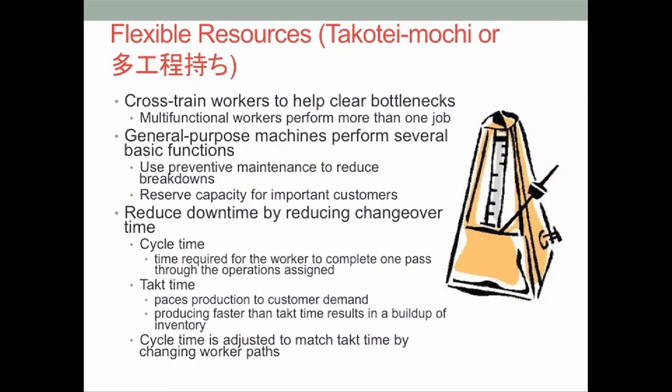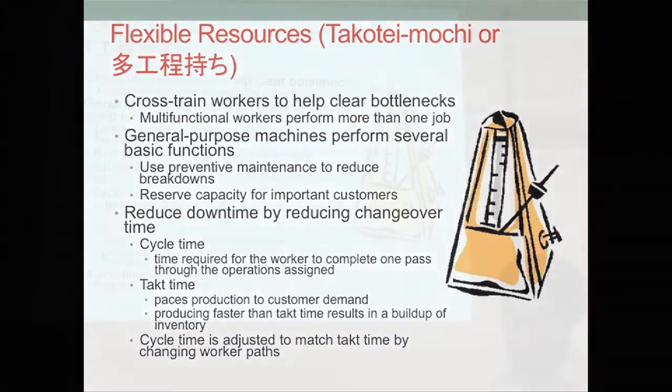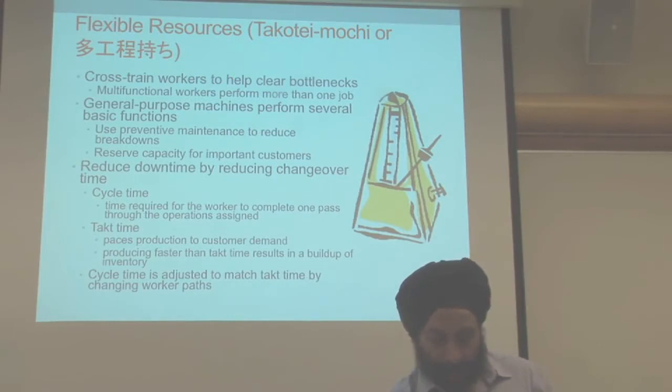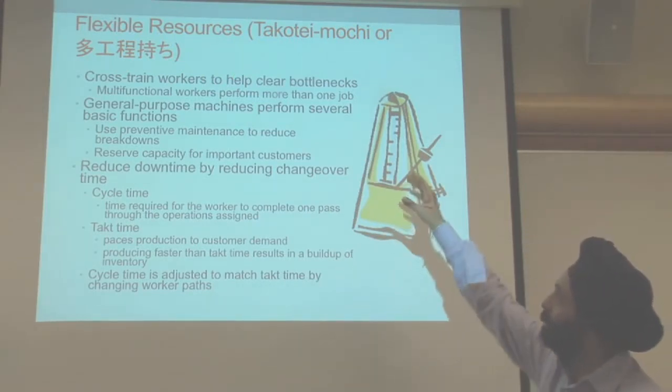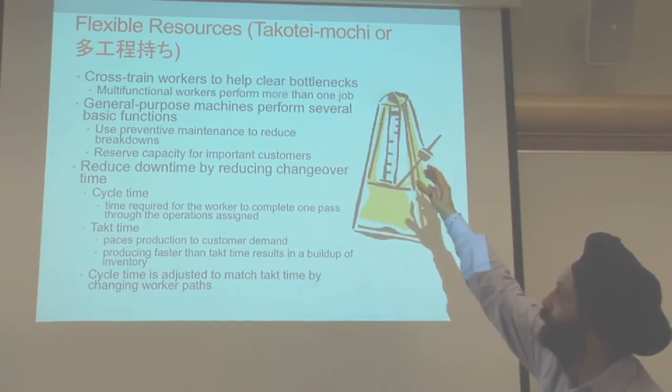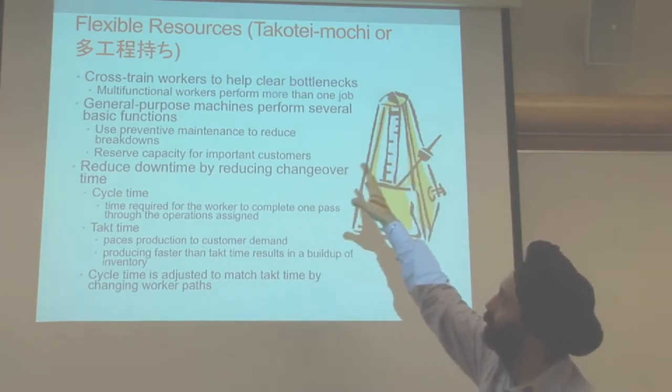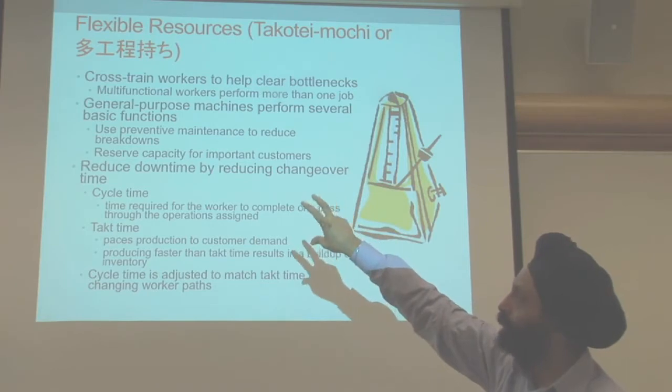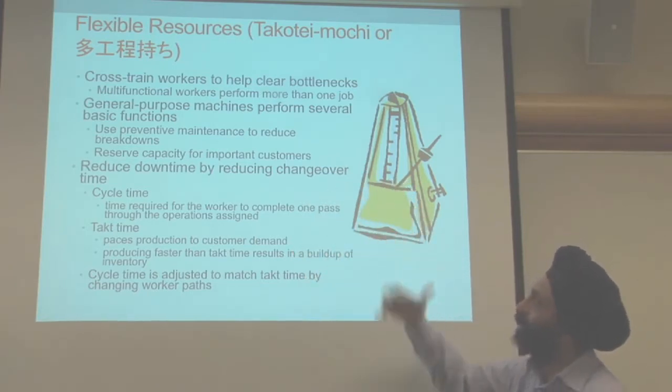Now, let's go ahead and look at each one of them separately. In this particular case, you are trying to see flexible resources, or Takute Mochi. It's cross-training workers to help clear bottlenecks, which is multifunctional workers performing more than one job.